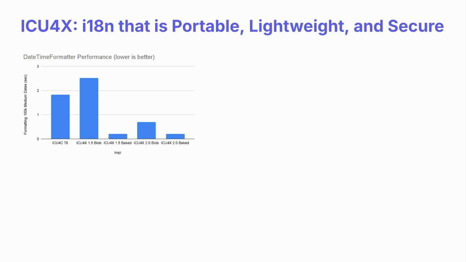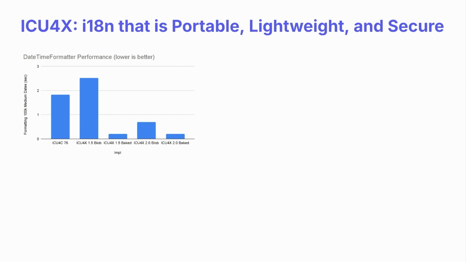Okay, let's talk about what is ICU4X, and I want to show you some graphs. I love that the screen is so big, so you can kind of read my graphs a little bit. If you can't read the details, you can see the slides later. I'll send you a link, or you can download them from the website. On the top left here is performance. So datetime formatting, that's something that I've spent a lot of time on in order to really get these numbers that you see here. On the left side is ICU4C, which is another internationalization library.